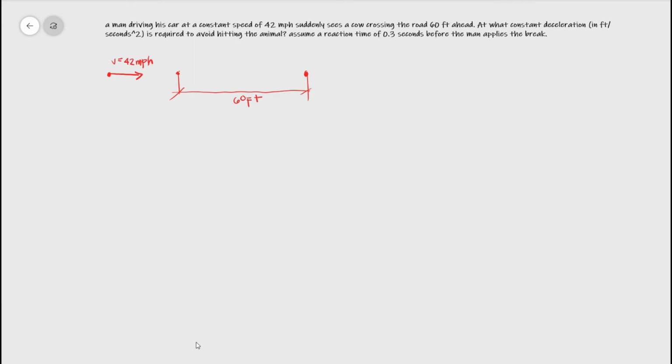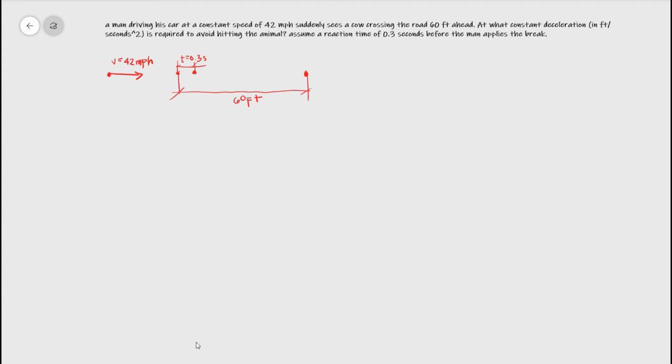Now, for the driver to avoid hitting the animal, he should stop. Therefore, he needs to decelerate. Assuming a reaction time of 0.3 seconds, meaning after he saw the cow 60 feet away, he hits the brakes after t equals 0.3 seconds.